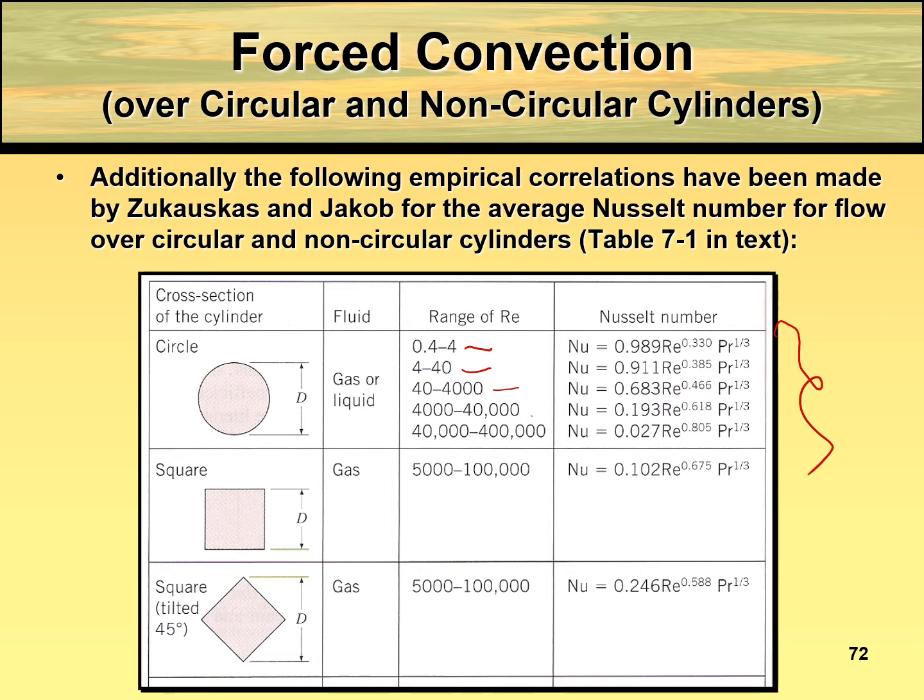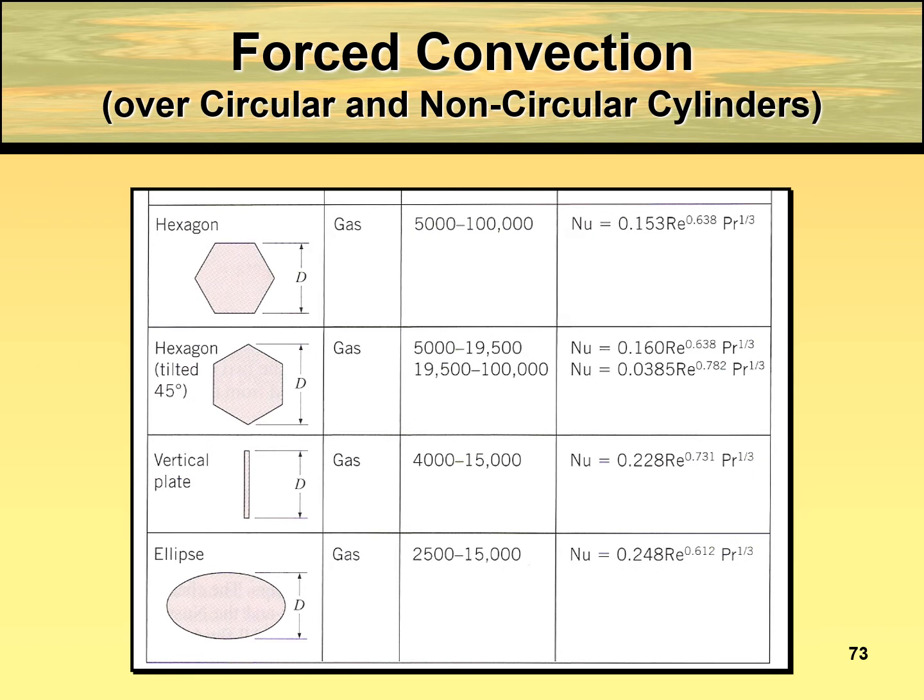First, they have a circle cross section, in other words a cylinder with a circle cross section, and a cylinder with a square conduit. They also tried the square tilted 45 degrees, then hexagon, hexagon tilted, vertical plate, and ellipse.